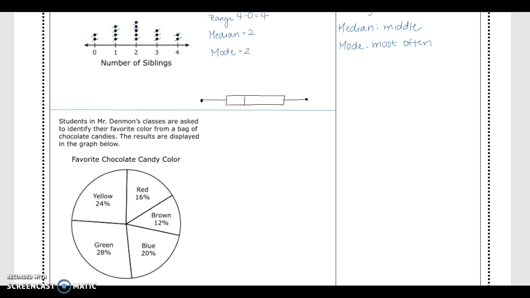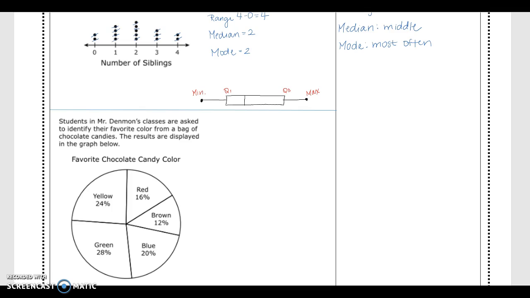All right, so for a box plot, here is our minimum, right? And minimum is the smallest number. Here is the maximum. Maximum is the largest number, right? And then here is Q1 or quartile 1. Here is Q3, quartile 3.